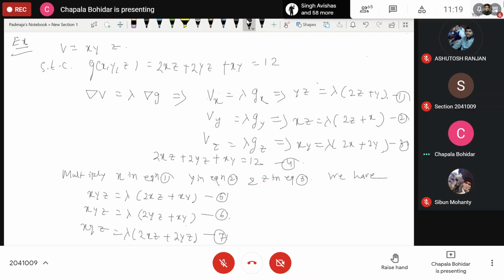Yes, ma'am. So lambda is not equal to 0. If lambda is equal to 0, then A is equal to 0. Okay?